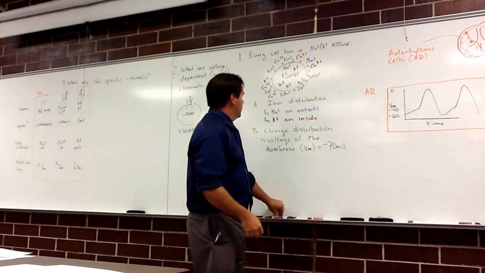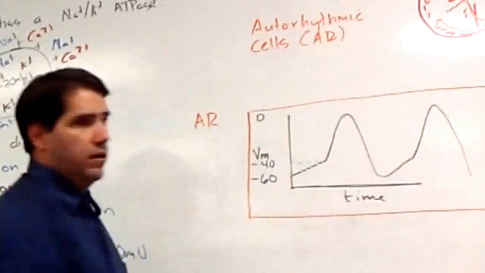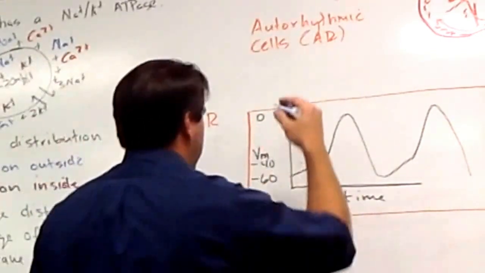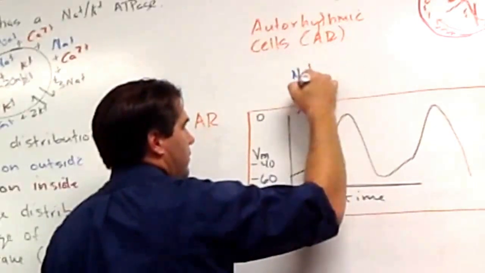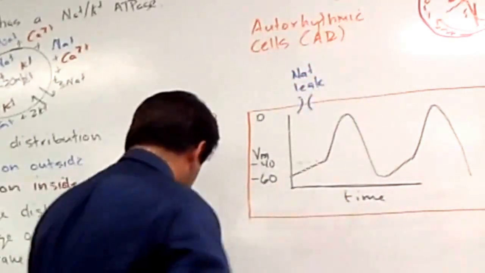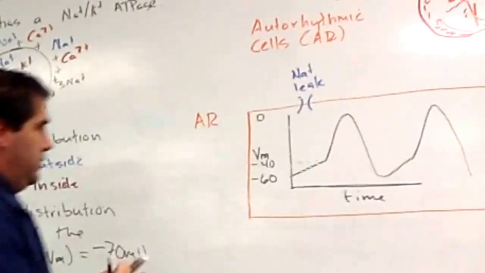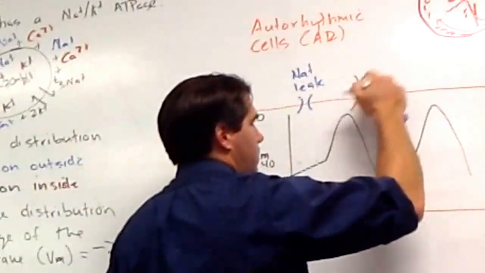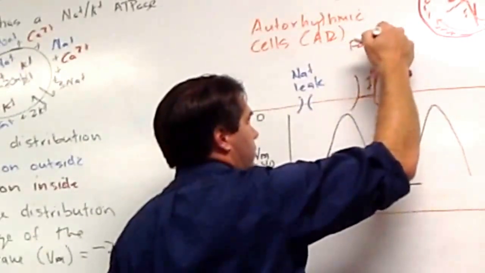So in this cell, and again I'm trying to represent a cell here, there are sodium leak channels. There's the fast calcium.